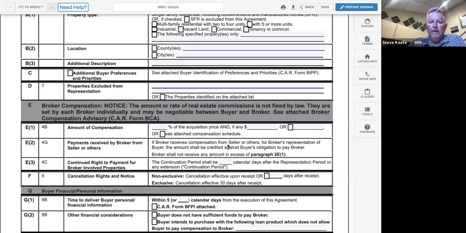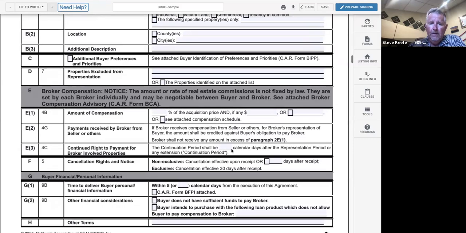And it also goes on to say that the broker will not receive any amount in excess of what is on that line. So that's the actual confirmation that you cannot receive anything more than what is there. You can potentially go back and renegotiate, but that's going to be problematic after the fact. I definitely recommend that you do not do that.